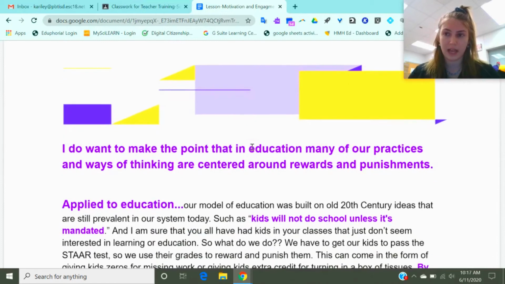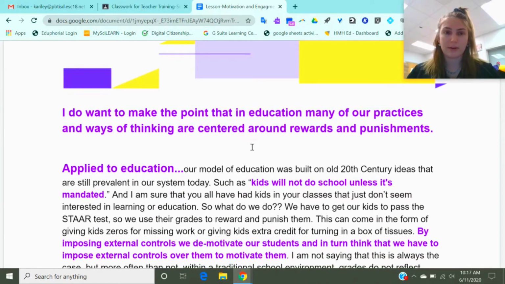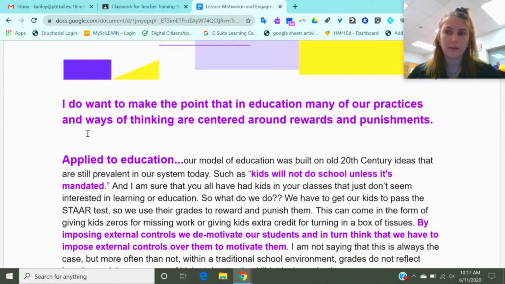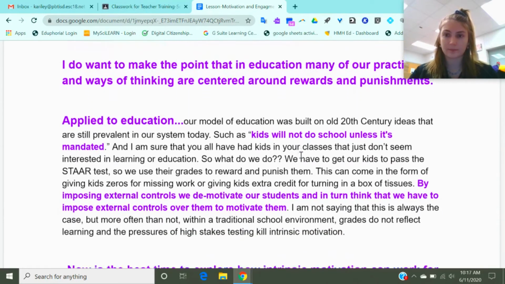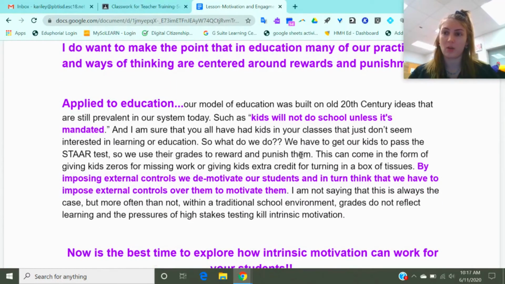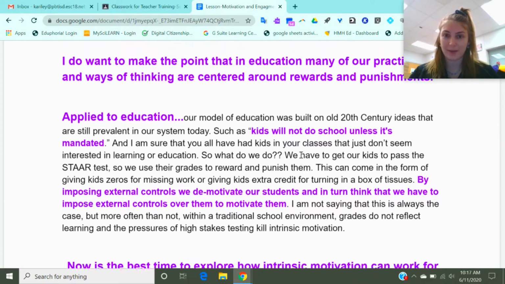Okay, so let's get down to the real meat of things. One of the main points that I'm really trying to get across is that in education, many of our practices and ways of thinking are centered around rewards and punishment, which is why using a lot of intrinsic motivation is going against the current, because it's not how the traditional paradigm of education is set up.